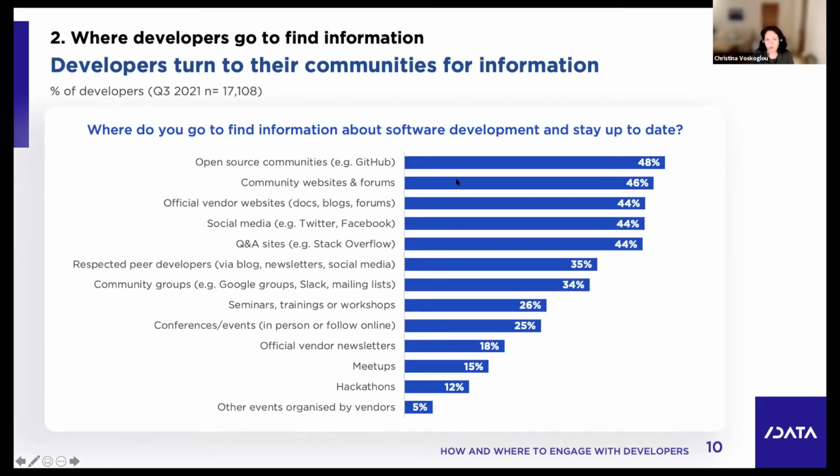These were the top 2 answers. Of course, there are official vendor sites for documentation, and there are Q&A sites such as Stack Overflow, while other resources such as conferences, newsletters, meetups or hackathons rank at the bottom, again for finding information.